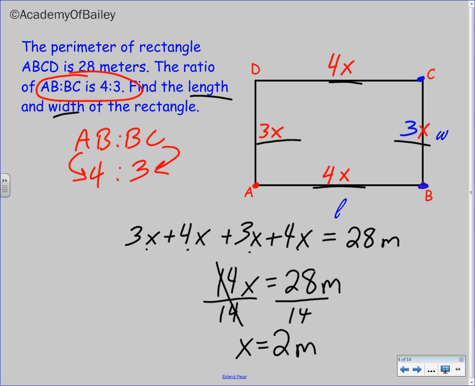So remember, the length is right here, 4x. So the length is equal to 4x, and x happens to be 2 meters. So the length is 8 meters.